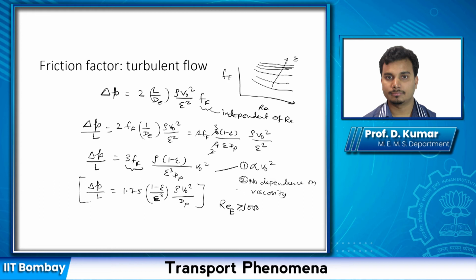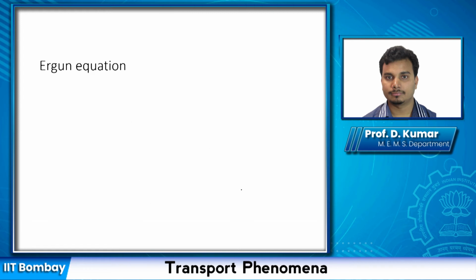So based on this discussion, we know the pressure drop per unit length for laminar and turbulent flow. These two equations were independently developed by other researchers.